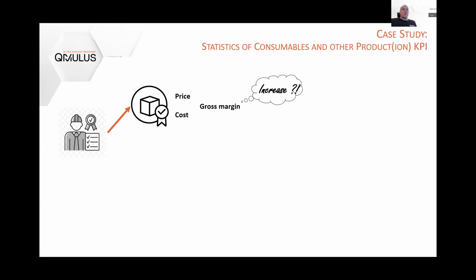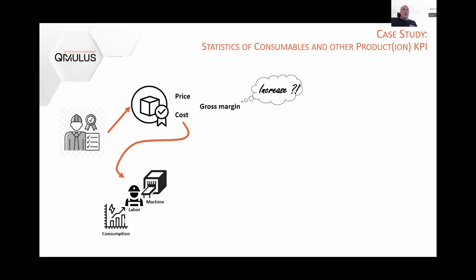If we want to increase the gross margin, that would always be a good thing. Then we probably would have an issue at the moment with just increasing the price. So the first thing we could do is have a look at our costs.